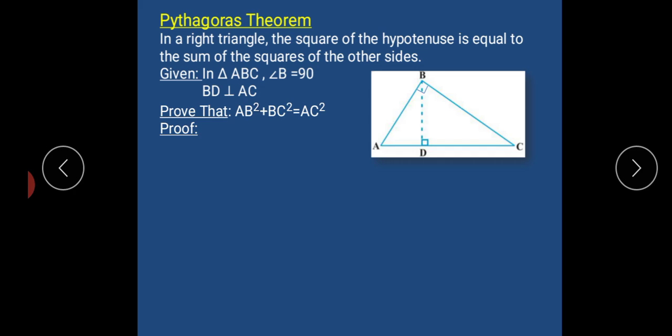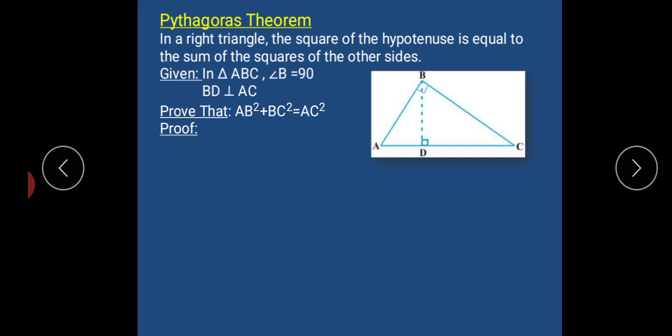A is a common vertex, so we start with A, then come to D because it is a right angle which corresponds to angle B of triangle ABC, and then B. So A, D, B. In the same way, while naming the other triangle, we should start with B, then come to D, and then C because C is a common angle. Why this correspondence is very, very important, I'll explain.